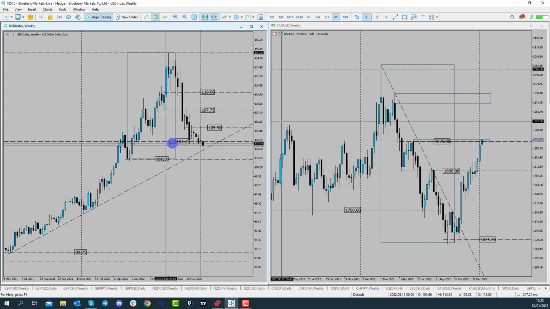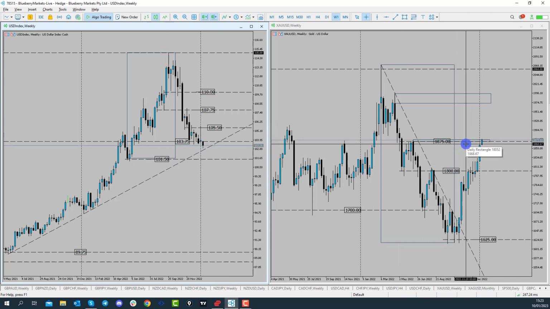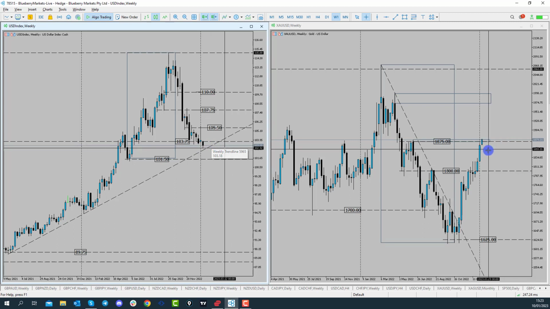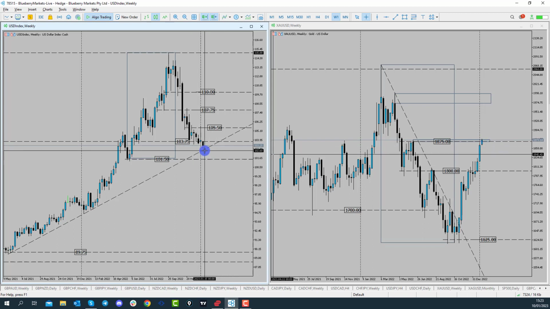The reason I'm looking at the dollar index as well as the price of gold is that if I'm expecting gold to find resistance here, I would also want the dollar index to find support.